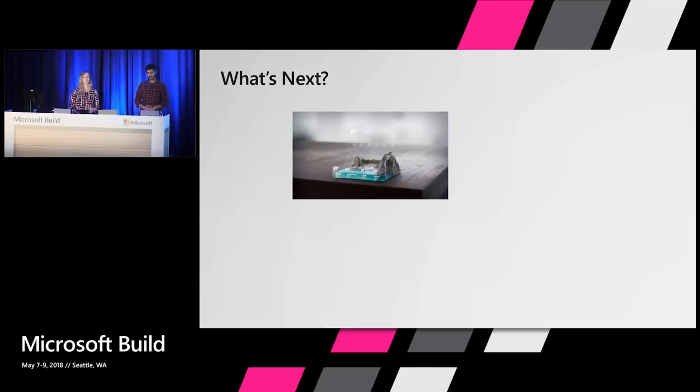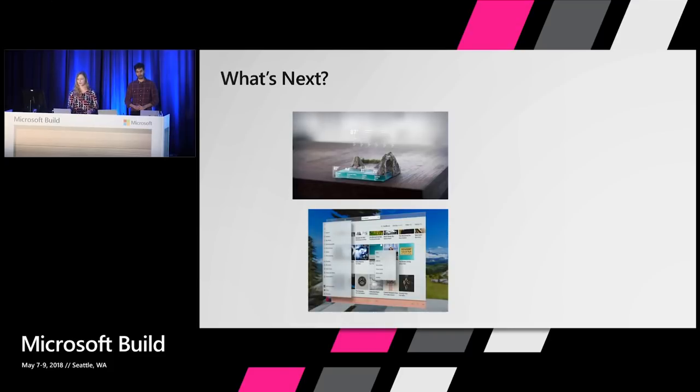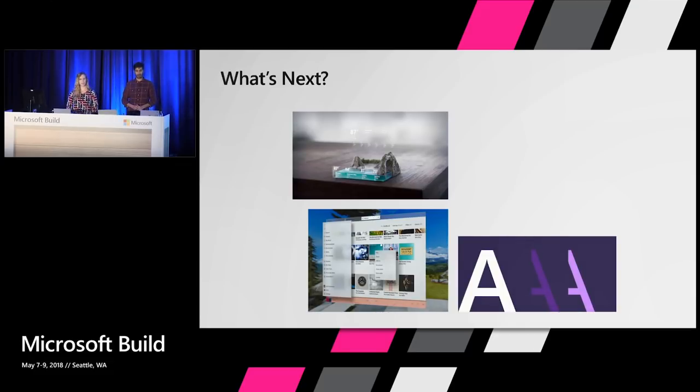So here are some areas we're thinking of investing in next, and we'd love to hear your feedback on these. We've talked about initial investments in enabling you to add volumetric content to your UI, but we're also prototyping what volumetric UI itself might look like. We're also looking into stereoscopic rendering to bring depth to your 2D applications in mixed reality. And we're investigating a text primitive with optical scaling and what that might look like with full integration into the composition engine.